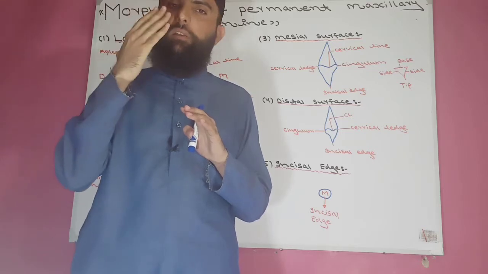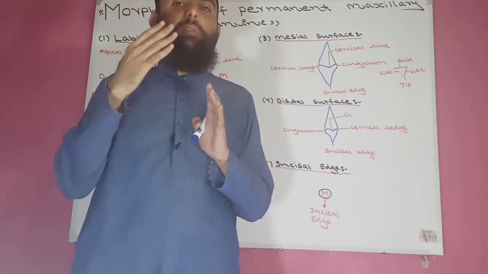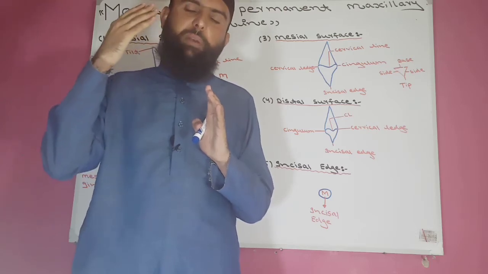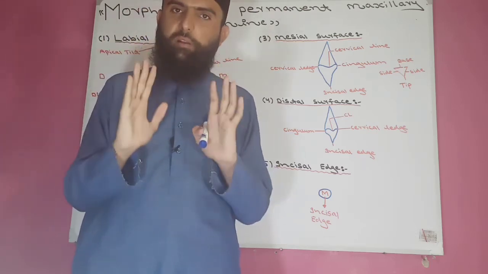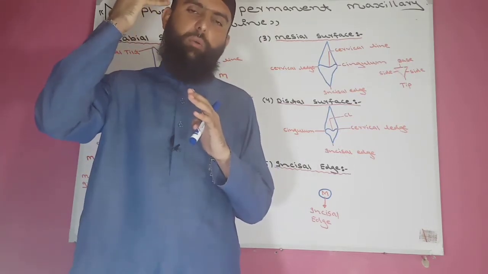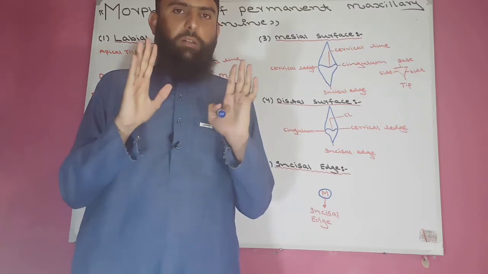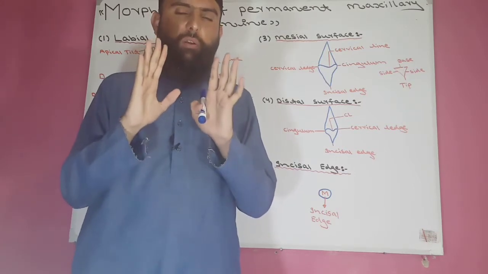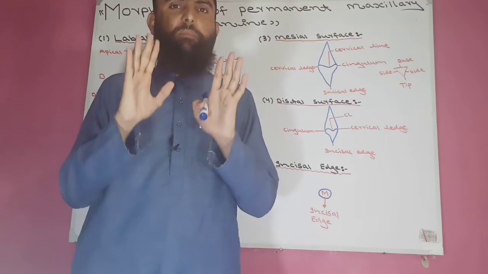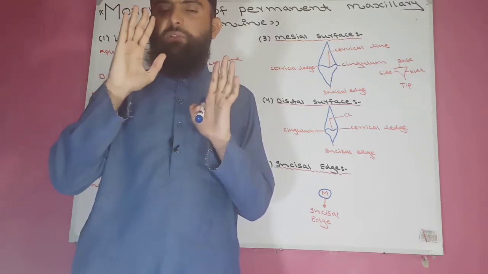The third is the mesial surface, toward the midline of the body, the fourth is the distal surface, away from the midline, and the fifth is the occlusal surface, which occludes with the opposing tooth. Now today we will study the 4 surfaces of the maxillary permanent canine and the 1 incisal edge in detail.